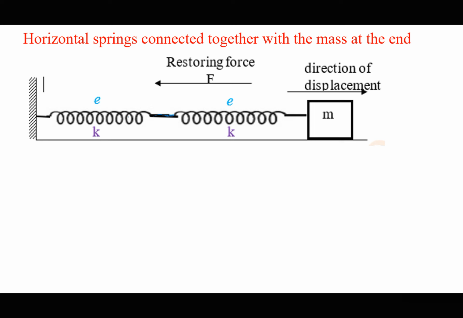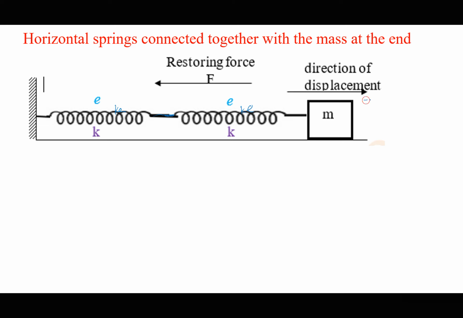So the tension in this spring is going to be k times e. The tension here is going to be k times e in each case. These experience the same tension if you cause a displacement x to the other side. So the restoring force is going to be the same for both springs and is equal to the tension in each of these springs.